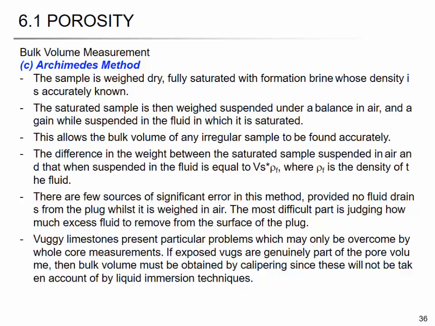So you weigh the dry mass, and after that you fully saturate it with formation brine, whose density is known. The saturated sample is then weighed suspended in air, and while suspended in the fluid. This allows the bulk volume of any irregular shape to be found accurately.